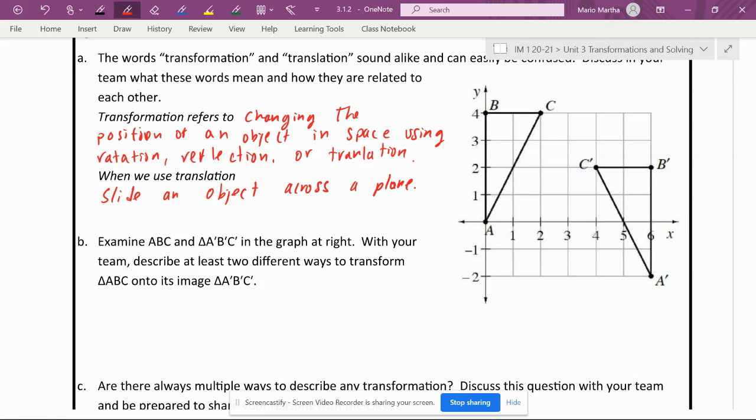One of the things you notice here is we have C, C prime, B, B prime over here, A and A prime. One of the things I think we could do is rotate this triangle in this direction, so that we end up with the new image. So rotation would be one of them.